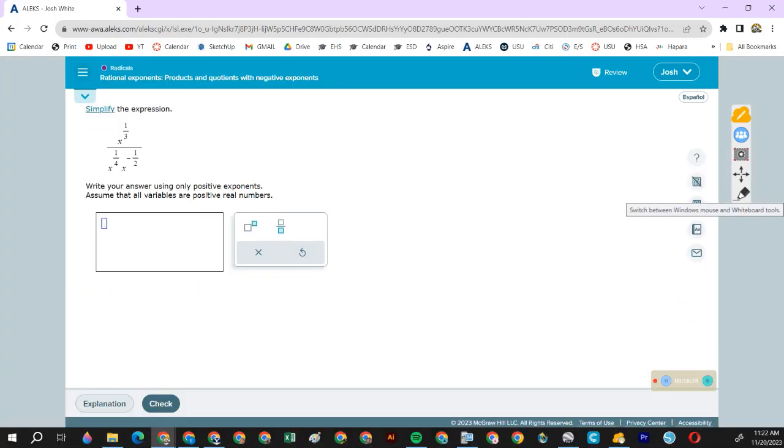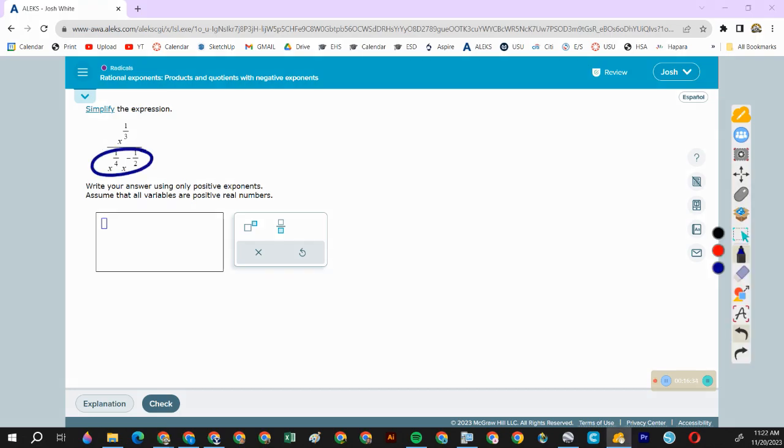All right, here we go. So let's do the bottom first. We're going to use the product rule. So what do we do here? X to the 1/4 times x to the negative 1/2 is the same as x to the 1/4 minus 1/2. Right? What is 1/4 minus 1/2? Negative 1/4. Okay.